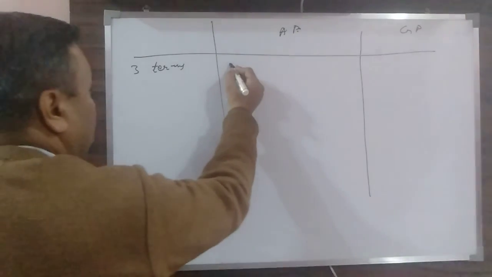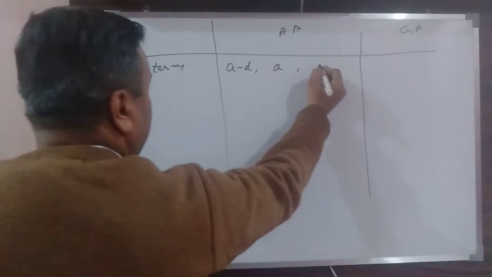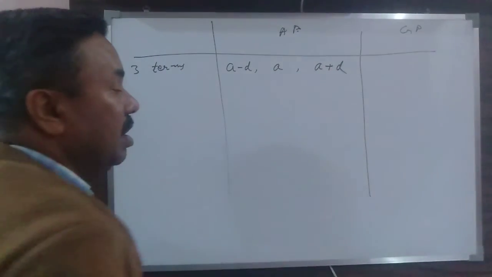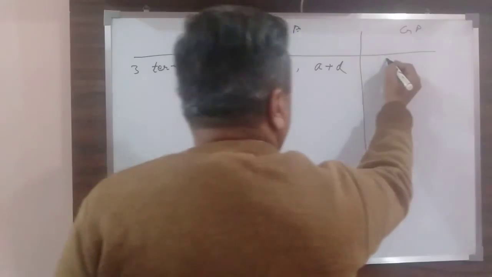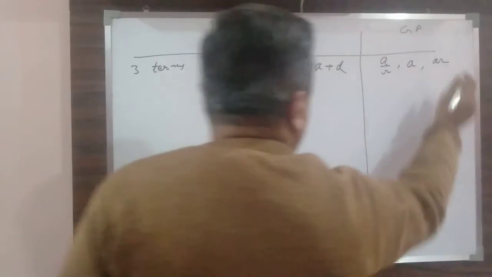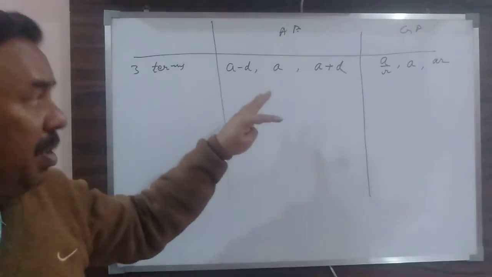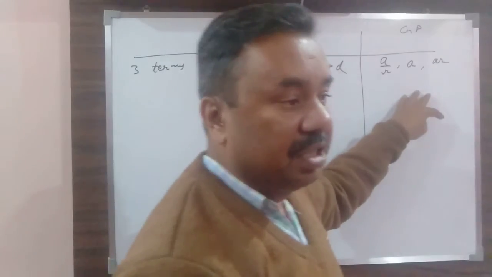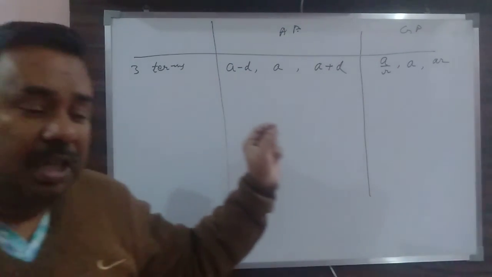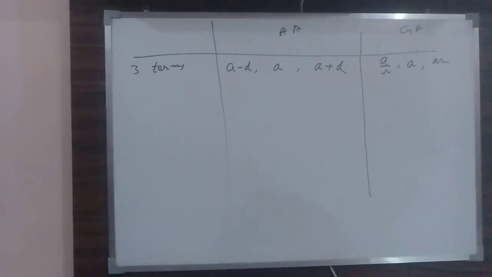So it will be better that first term is a minus d, second term a, and third term a plus d. Similarly in GP, as I have explained, the first term will be a over r, second will be a, and third will be ar. See, I am going in a similar way in both cases. That is why I have told you in the beginning that arithmetic progression and geometric progression are very much similar. Same tricks are being used.